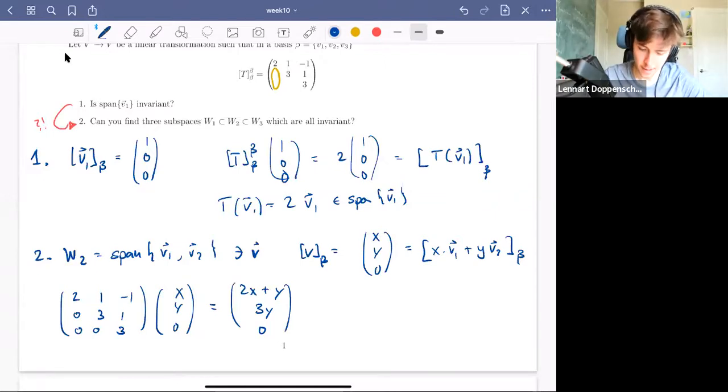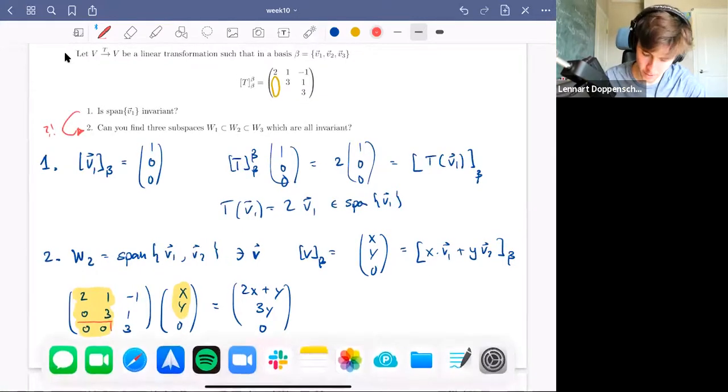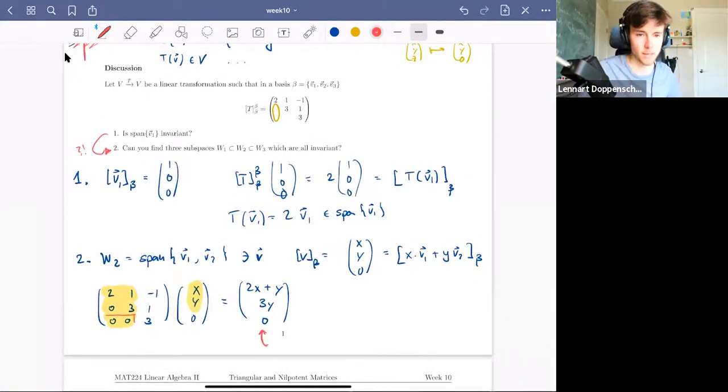So the matrix multiplication is exactly made in such a way that these non-zero entries will only interact with these two columns. So the zero entry will just ignore the whole rest. And if there are zeros below a certain point, in exactly the same way, then this zero on the bottom is always going to be zero. So maybe just stare at this multiplication for a bit, and then it makes sense.